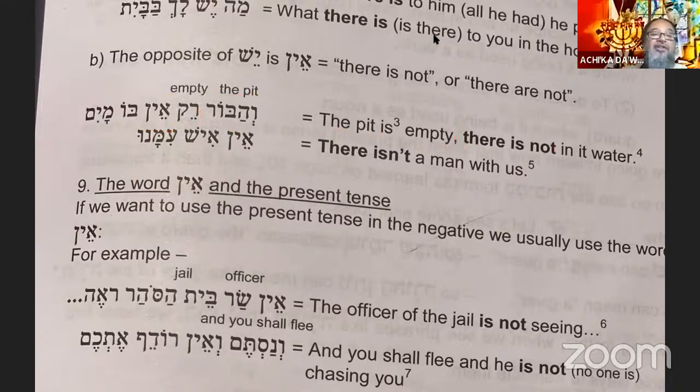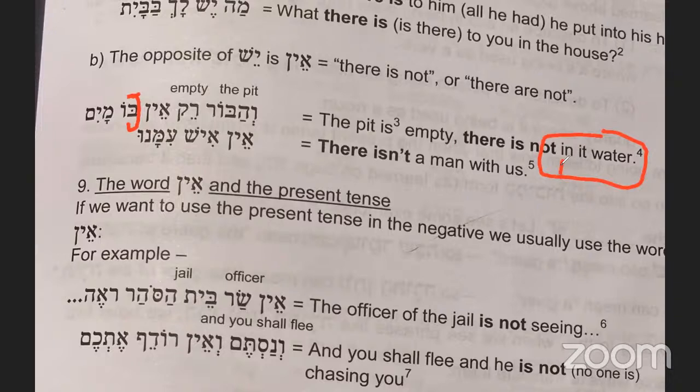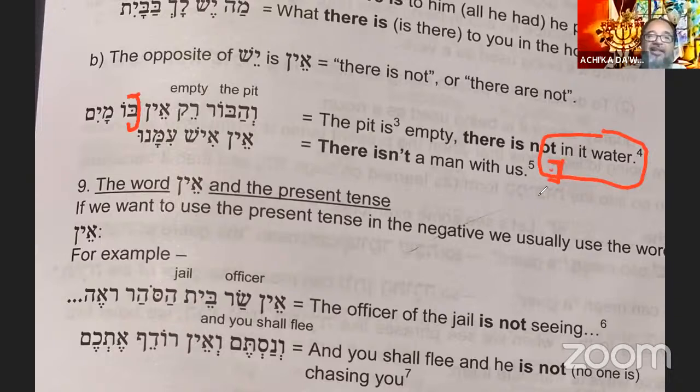I'm going to just tell you the first letter. What does this letter here represent in this sentence over here? In. Thank you. That's the bet right there, because bet means in, with, inside. Okay. What does the hu here represent? I told you, man, his, right?